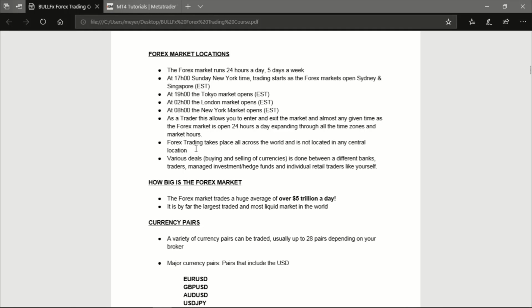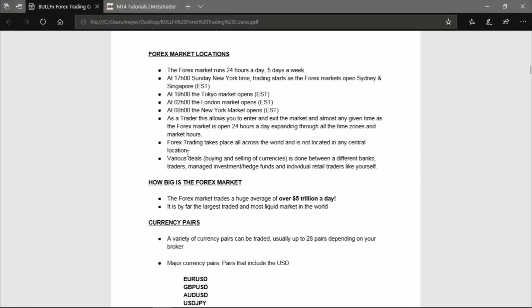And there's no central location for the forex market besides separate financial institutions where forex will be traded from, right? But wherever you are in the world, you would have access to the forex market because currencies are interchangeable and countries have to obviously work with each other.